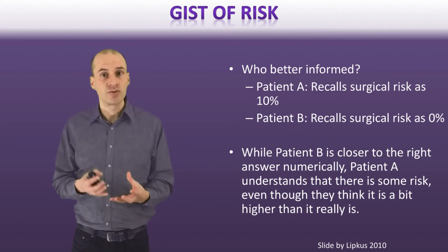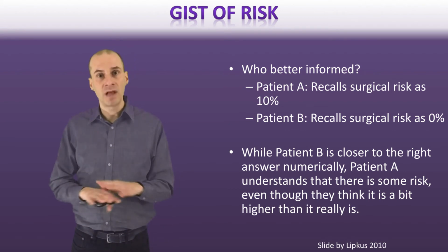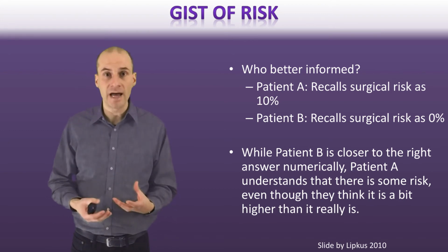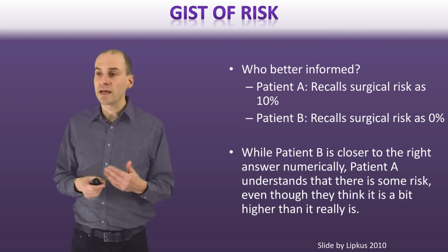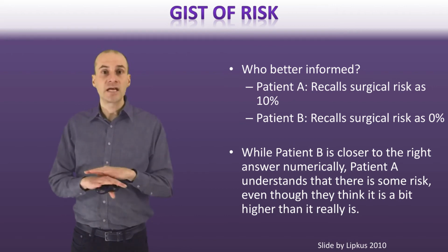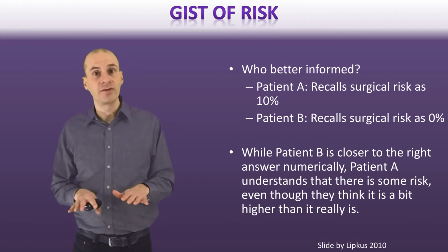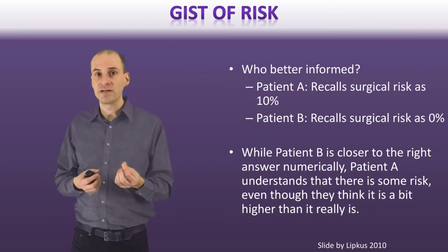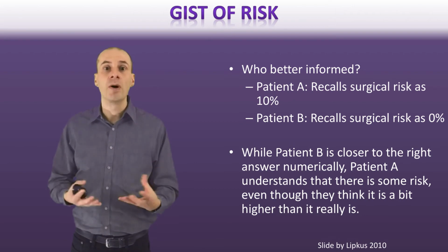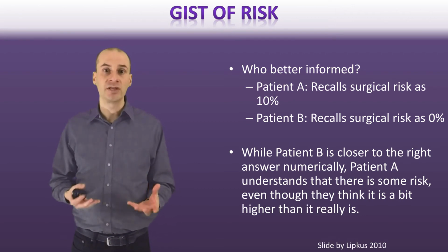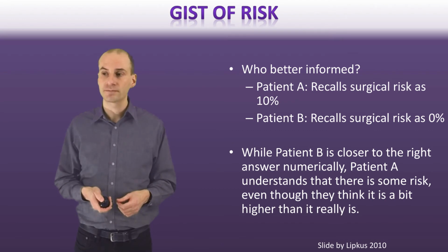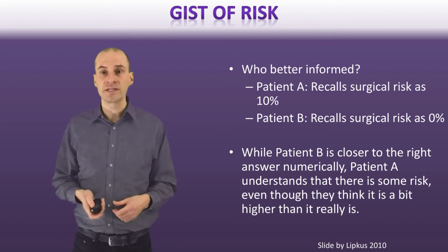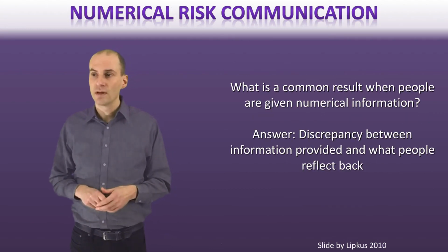They recognize that bottom line gist information that if they go get the surgery, they really might die, right? It's much more concerning that patient B thinks that there's no risk, no possibility at all that they'll die, right? So in a sense, even though numerically patient A is further off, they're much closer to the real bottom line understanding of the communication that they received, okay? So again, that's the idea of gist understandings of risk information.